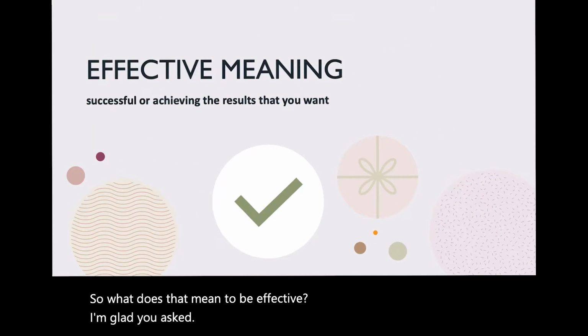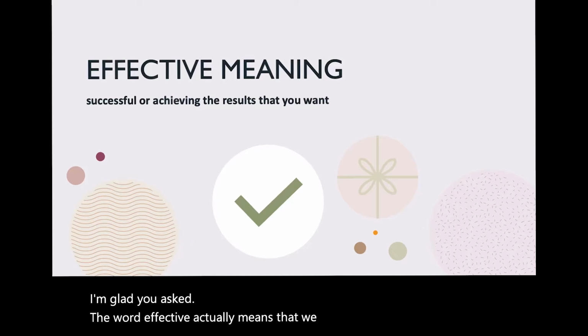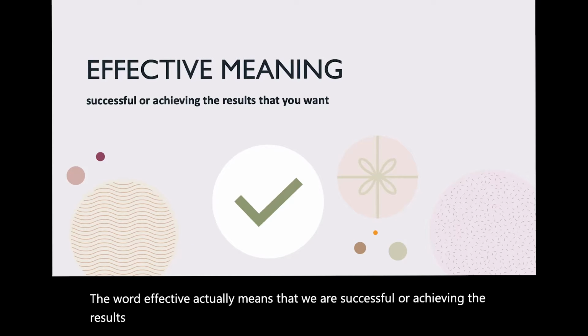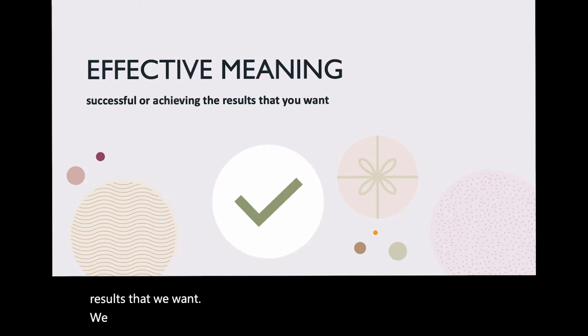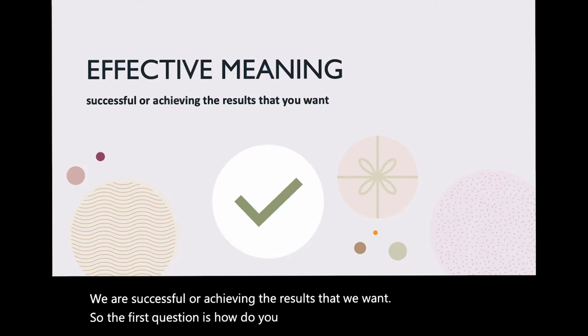Well, the word effective actually means that we are successful or achieving the results that we want. So the first question is, how do you define success? How do you define achieving?